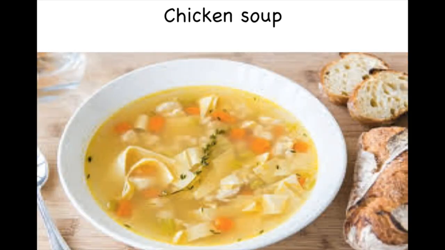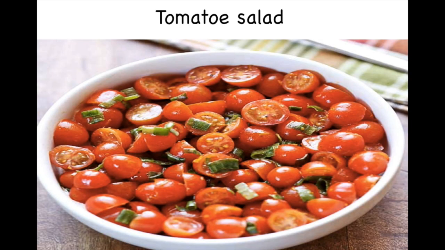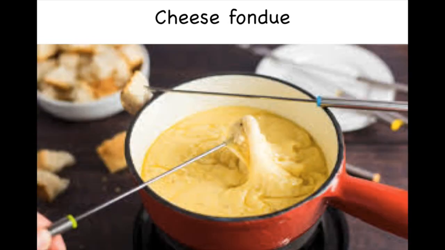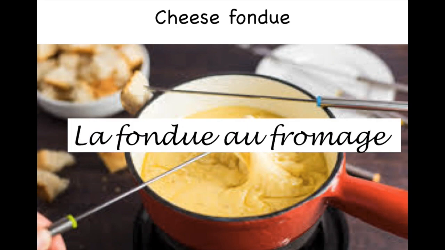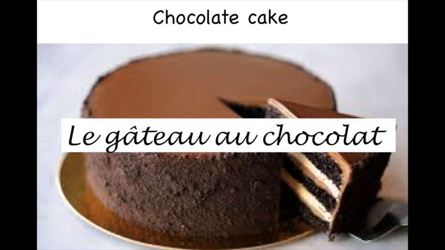Chicken soup becomes la soupe au poulet. Tomato salad becomes la salade de tomates. Cheese fondue, ça c'est bon, becomes la fondue au fromage. And chocolate cake becomes le gâteau au chocolat.